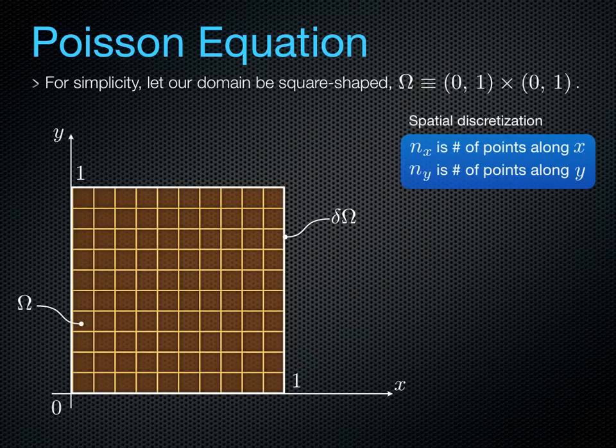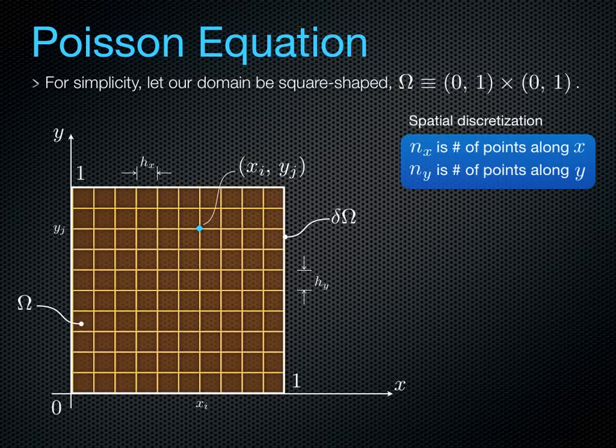Let's assume that we generate n sub x points along x and n sub y points along y, and obtain this grid that we see. Each of those coordinates is marked as x sub i, y sub j, and they're the addresses of our grid points.